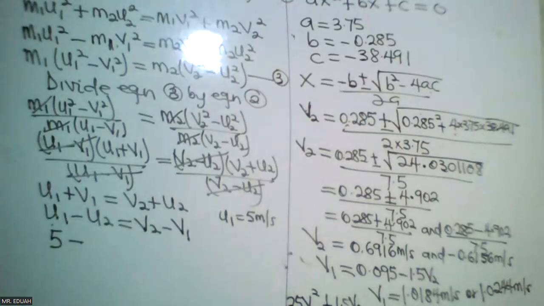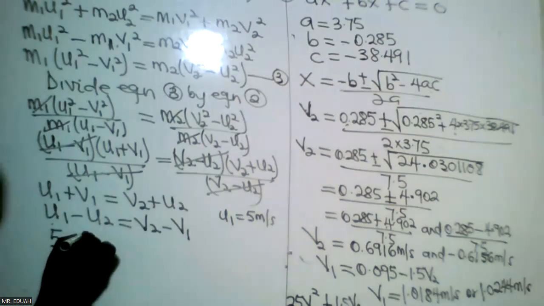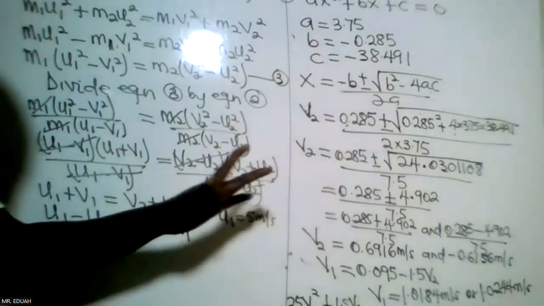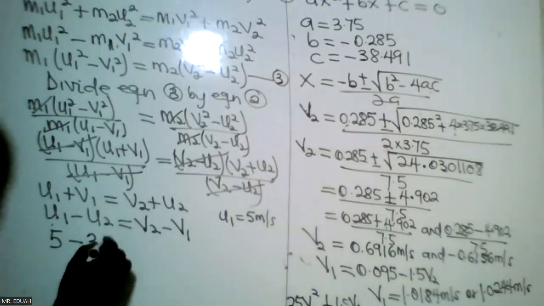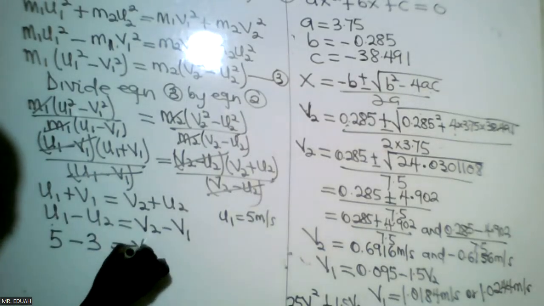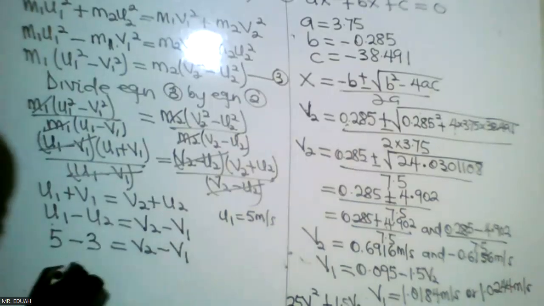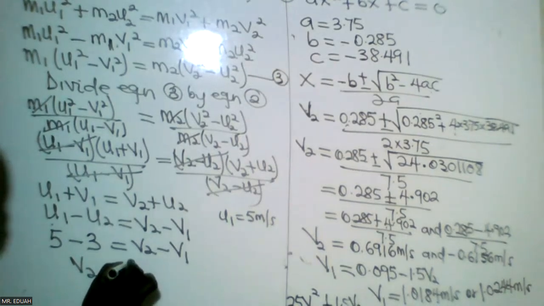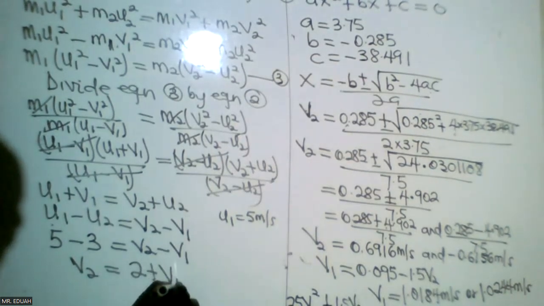What is U2? 3 meters per second, so minus 3, because they are moving in the same direction. Don't forget, we use the equation for them moving in the same direction to do this. So this is equal to V2 minus V1. So straight away, V2 would be equal to 2 plus V1.